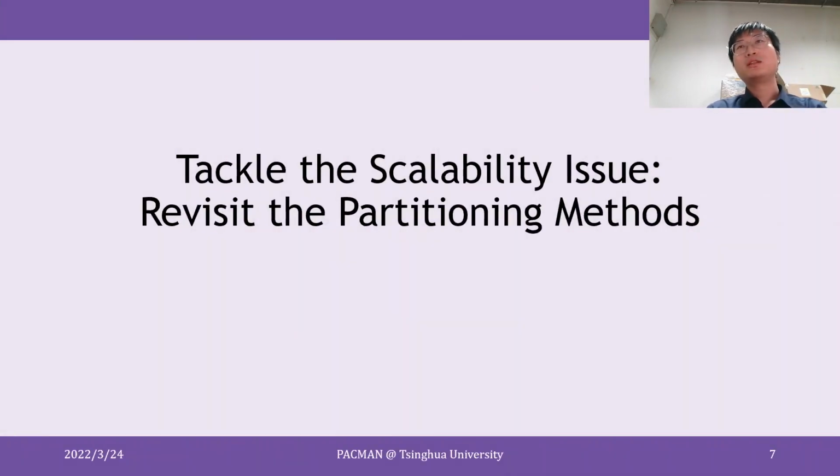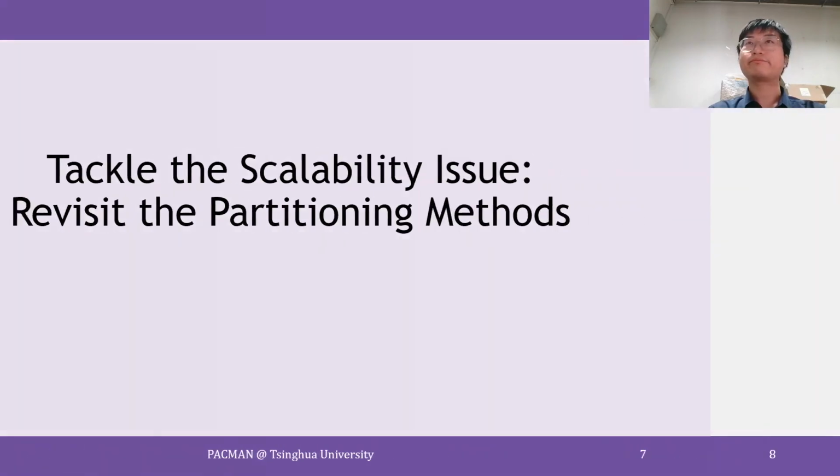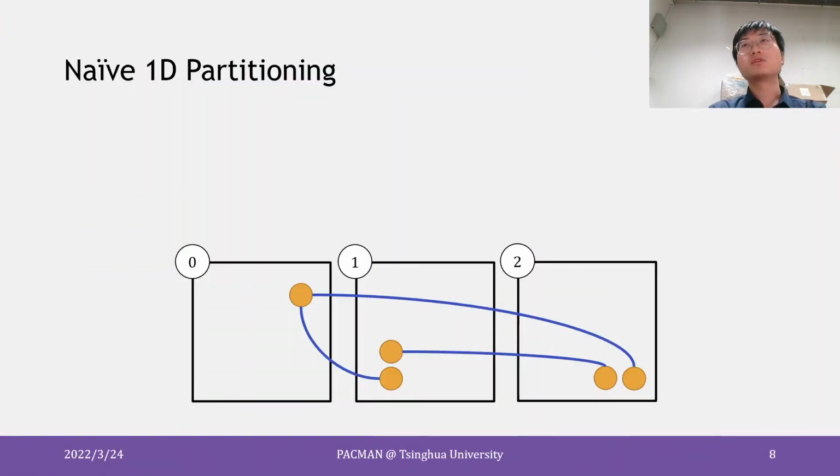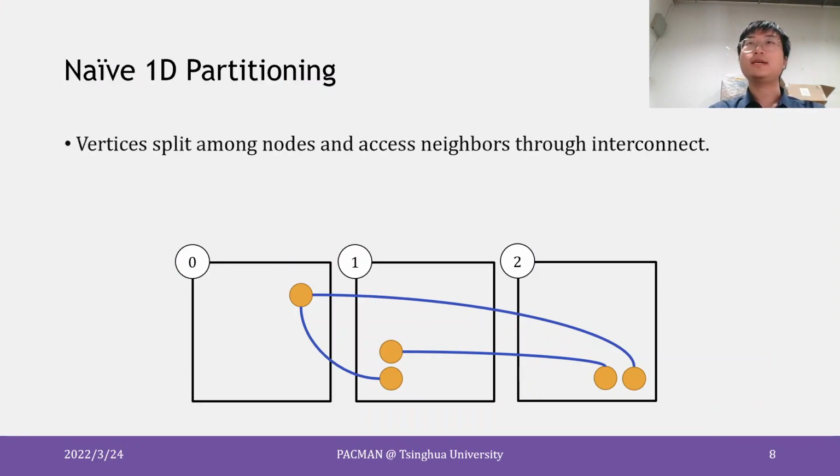As we all know, data partitioning is the very start of the scalability of a distributed algorithm. To tackle the scalability issue, we must revisit the partitioning methods, address issues, and solve them. The simplest solution coming to mind is to split vertices among nodes and access neighbors through the interconnect.